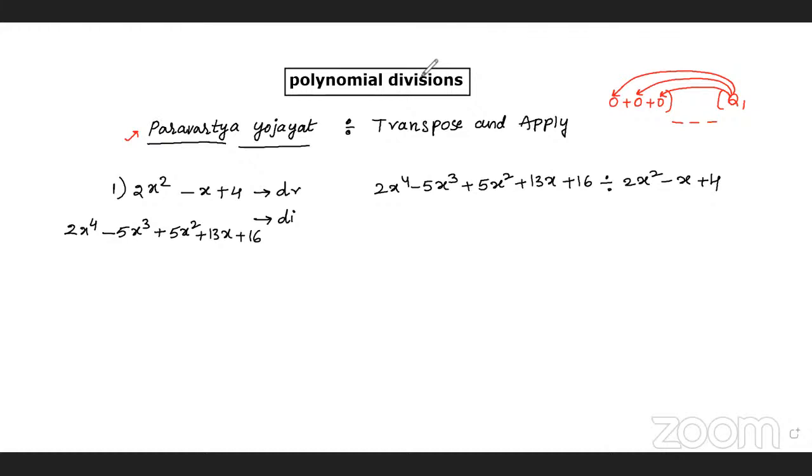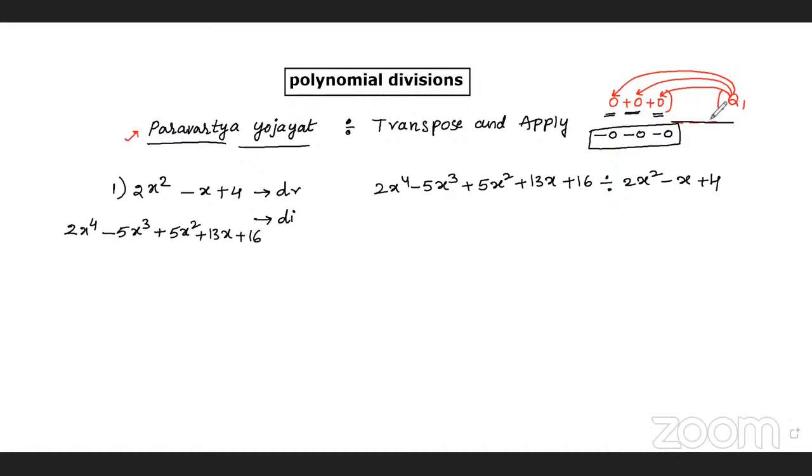So first I will change the sign of these terms, so this will be minus something, minus something, minus something. When I change the signs of the divisor terms, there is no need to change the sign again in the dividend part. Once you change it, every time there is no need to change.